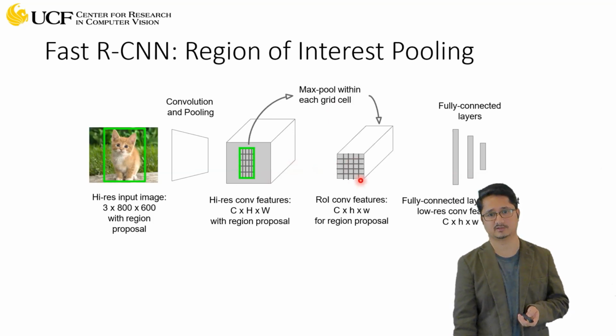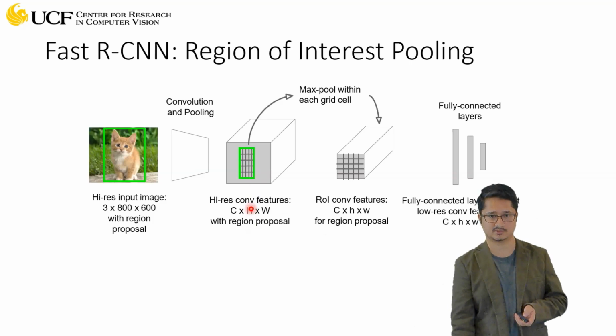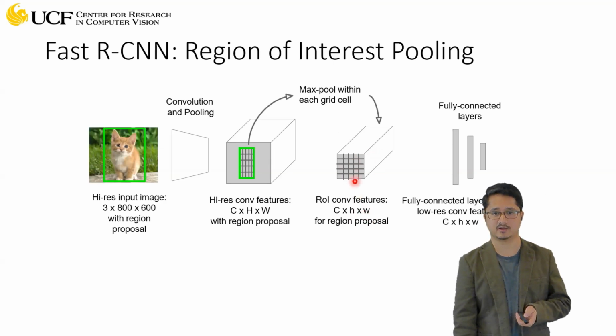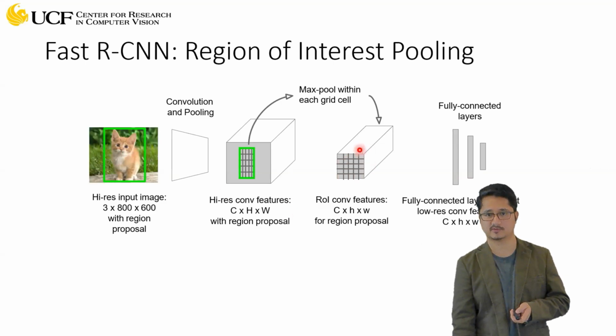Of course, the number of channels is not going to change, but what's changing is the spatial shape. If it's H cross W, it's coming down to small h, small w. So ideally at the end, it doesn't matter what the shape of your proposal in the input image was. Every proposal will have a feature vector, or you can say an activation map of this shape, C cross small h cross small w. Okay, so let's try to understand how this step can be done.